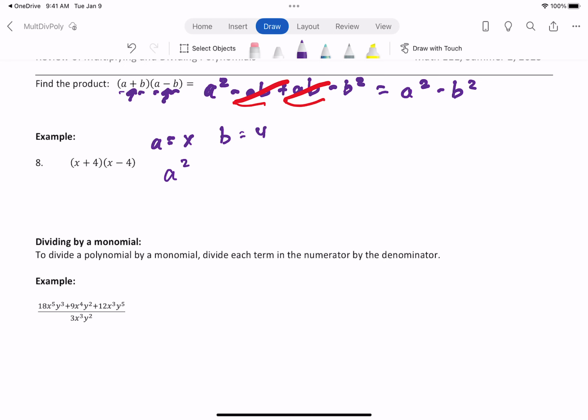So all I would have to do is a squared minus b squared, where the a is x and the b is 4, and I get x squared minus 16. And again, if you want to verify that for yourself, use the FOIL method, the box method, or distribute, and make sure you get the same thing. Okay?